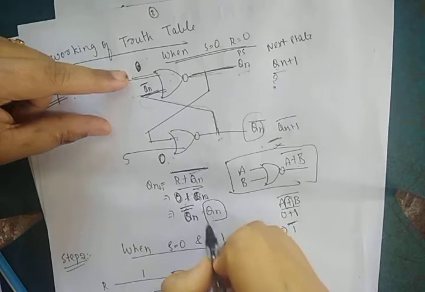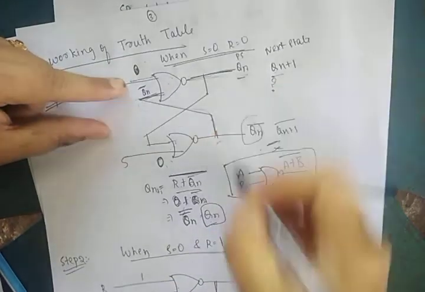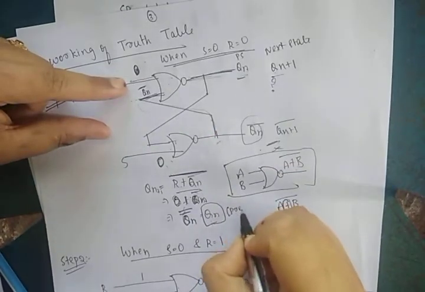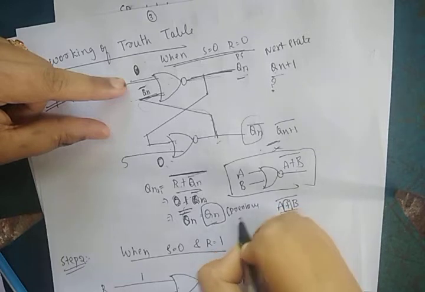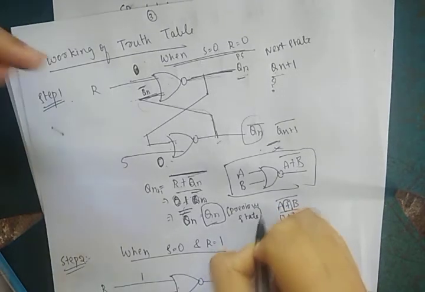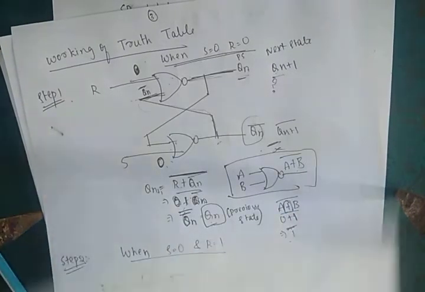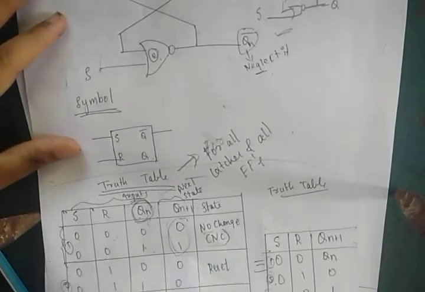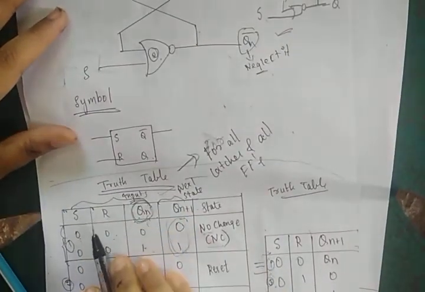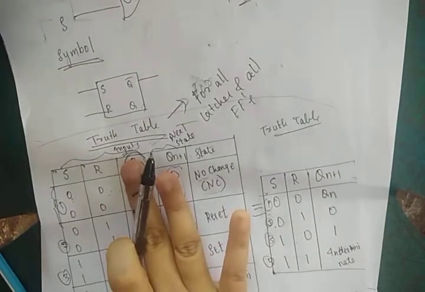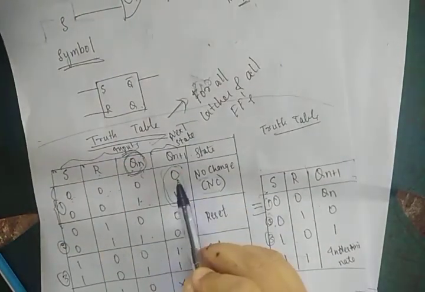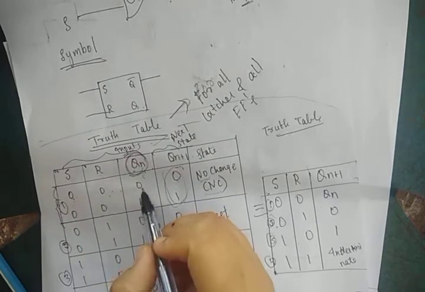What is the meaning of Qn? Qn is again the previous state. Yes or no? Previous state is Qn. So, see here again the truth table. If I have both 0, 0, neglect the previous. What will we have here? I'll get a result 0 and 1, which is the previous state.